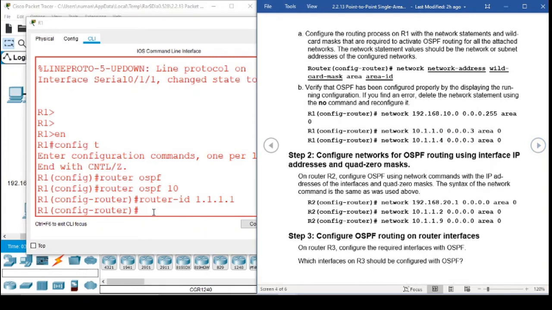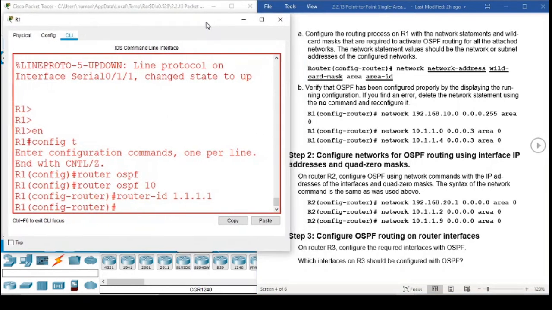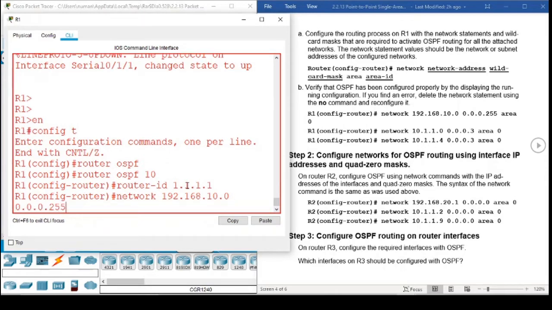Now the command is very easy and you can easily configure it. I will start from router 1. The command is network followed by the network address. First I take the LAN network address of router 1, that is 192.168.10.0. Then I write the wildcard mask 0.0.0.255.